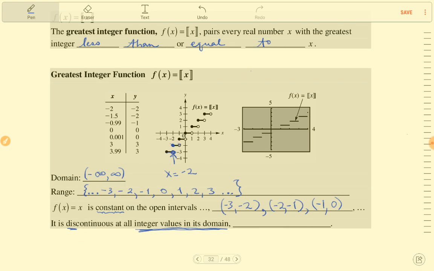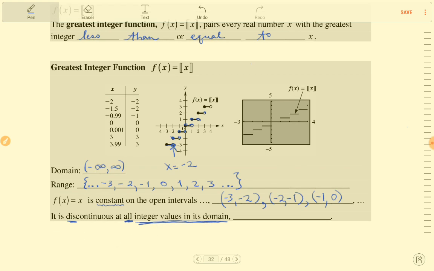It's discontinuous here where it jumps at -1. There's a jump at x equals 0. There's a jump at x equals 1, and so on. And you can keep going to the left and right, up and down, towards infinities. So that is why it's easier to talk about all integer values in its domain.